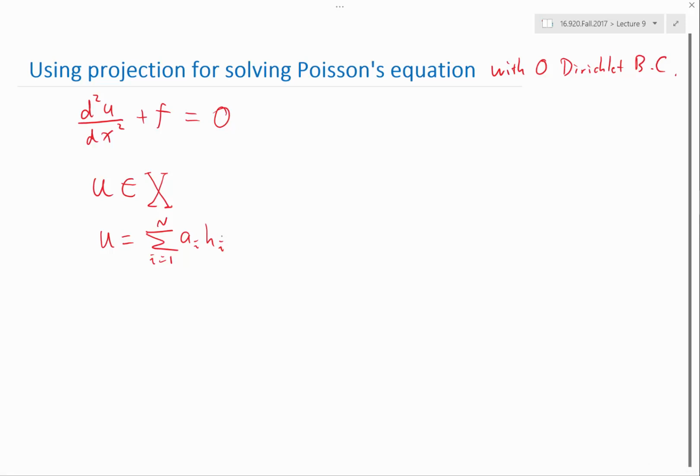Okay, and then we are not going to be forcing the equation to be exactly satisfied, right?